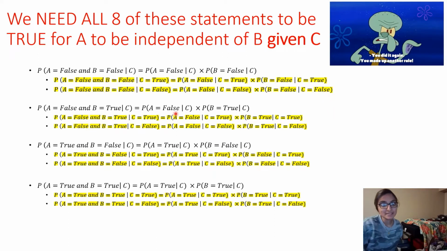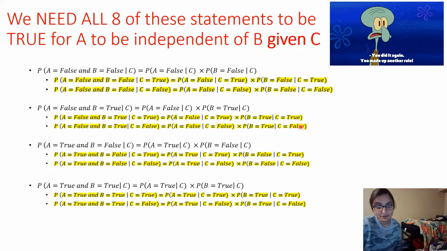But in this next example, probability A is false and B is true given C is equal to the probability A is false given C multiplied by the probability B is true given C. And we need to then consider those outcomes of C. So, what if C is true? Then we need to see if the probability A is false and B is true given that C is true equals the probability that A is false given C is true multiplied by the probability B is true given C is true.